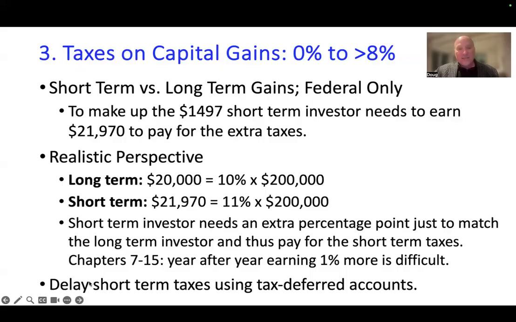So that's what I mean by delaying these short-term taxes if you're using a tax-deferred account. You're delaying the short-term taxes to when you retire and are withdrawing the money. You still have to pay the tax man, and it will be short-term gains when you retire, but you didn't pay those during the investing time period.